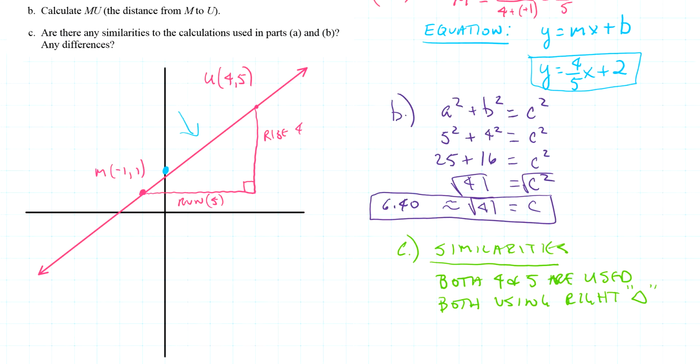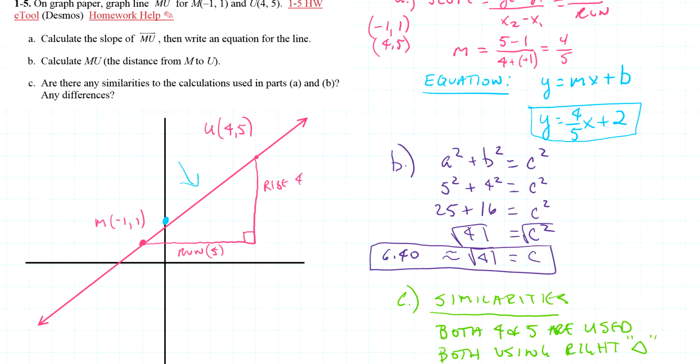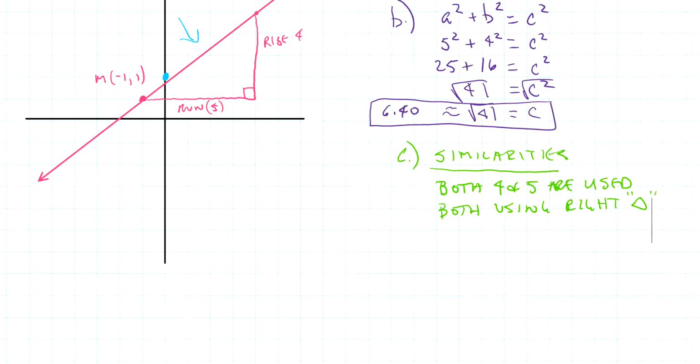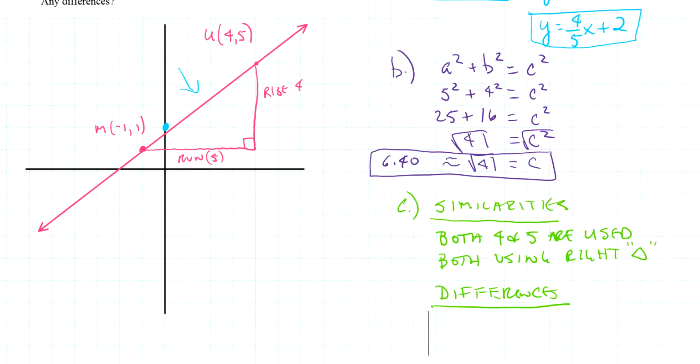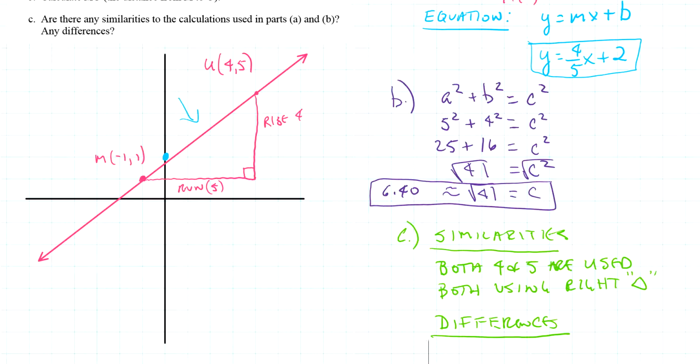And I think that's pretty much all I can see that's the same. Then the next thing we want to do is look at differences. And by the way, my answers aren't always going to have every single answer there. You might have come up with some other things here. And if you want to come talk to me about it, that'd be great.